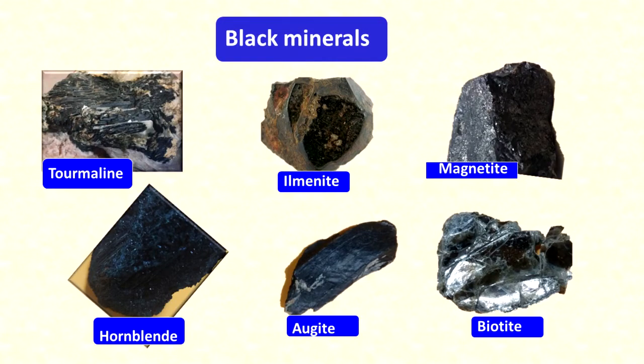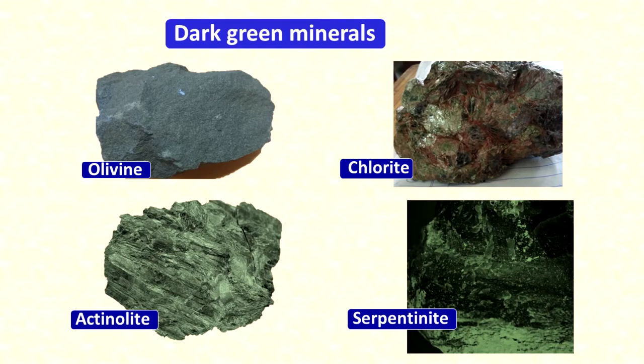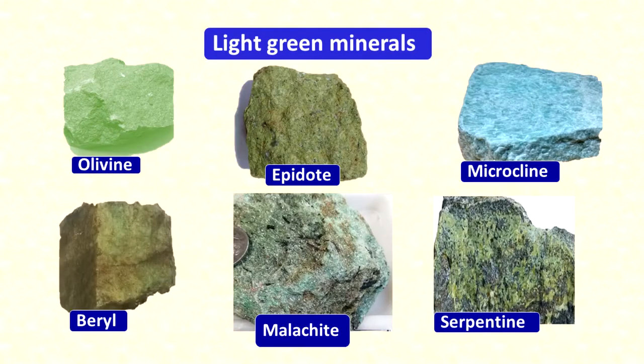Black colored minerals are tourmaline, magnetite, ilmenite, hornblende, agate, biotite and pyrolusite, whereas dark green colored minerals are olivine, chlorite, actinolite, serpentine. Light green colors: olivine, diopside, epidote, microcline, apatite, beryl, malachite and serpentine.